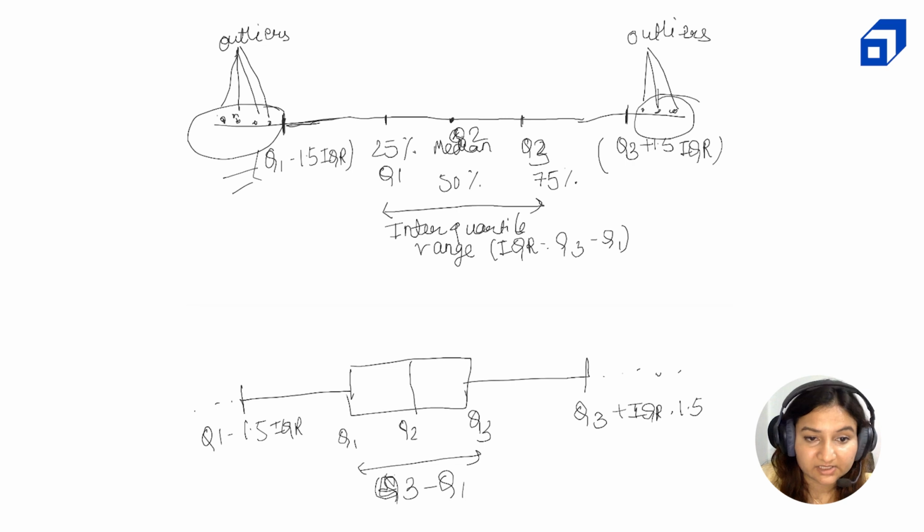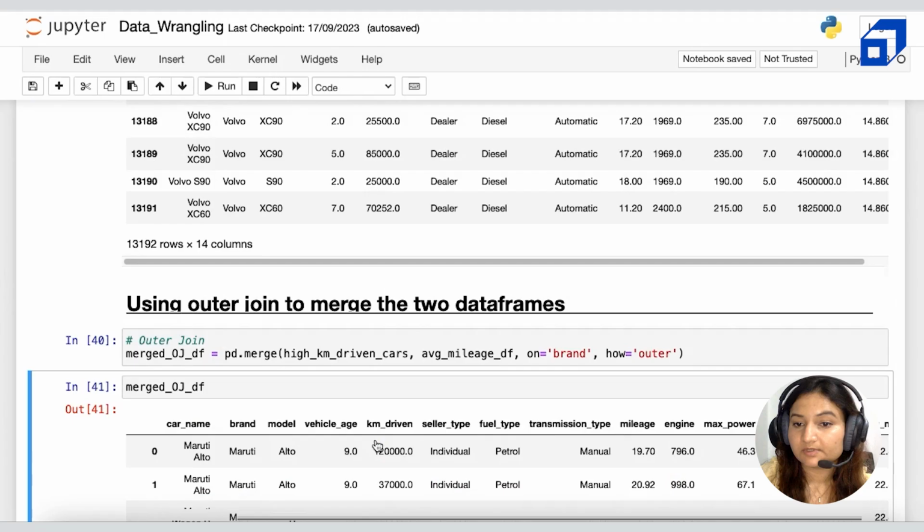This is Q1, this is the median, which is Q2, this is Q3, and this is IQR, Q3 minus Q1. Any points lying outside will be outliers. Similarly, we can do this in Python. I have already done it. Let me just copy the code in order to explain it to you.